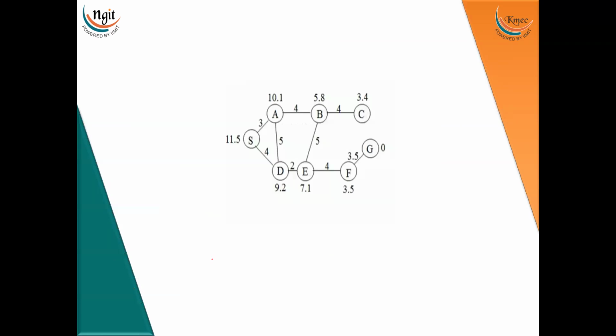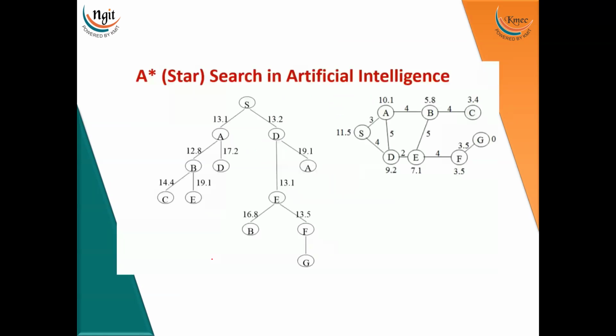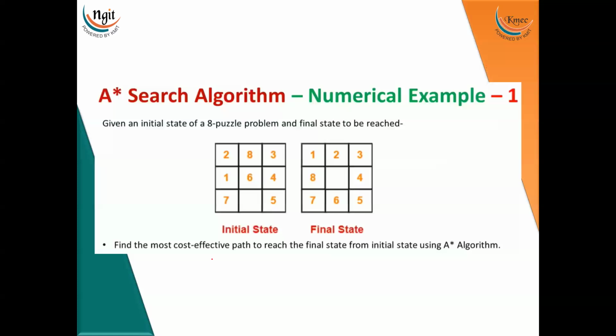Okay, these are some of the examples, students. You pause for a minute and try to solve the path from start state to goal state using this A star search algorithm. This is one example, and this is another example, finding from start state to goal state. And this is one more important one. This is an 8 puzzle problem.